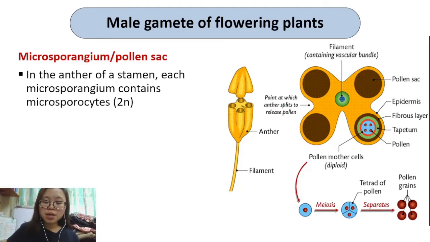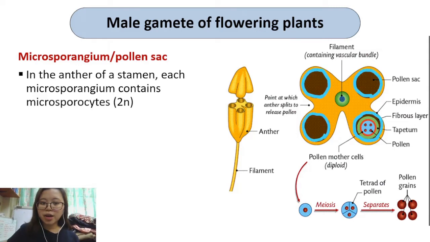Yes, tapi sebelum dia digelar sebagai pollen grain, dia mengandungi satu sel yang digelar sebagai microsporocytes, which is a diploid cell. And also pay attention here, it uses the word micro. Asalkan bahagian yang jantan digelar sebagai micro. Okay, so here, circled in the diagram, are the microsporangium.